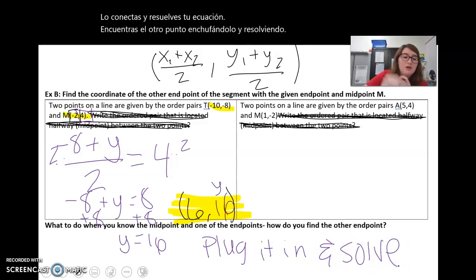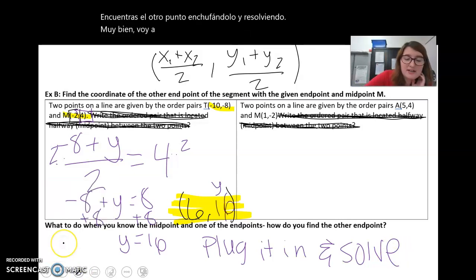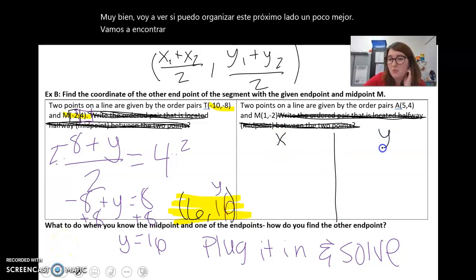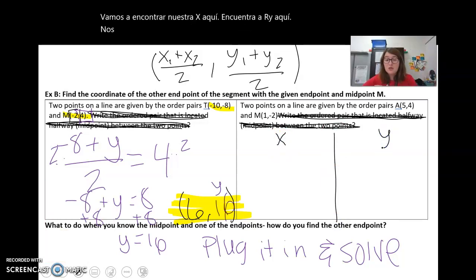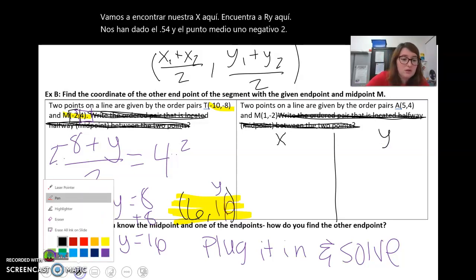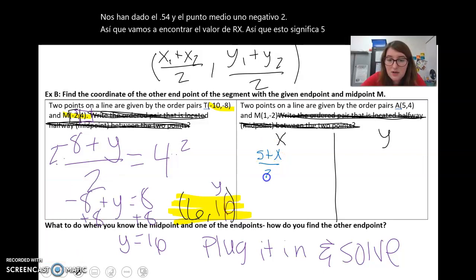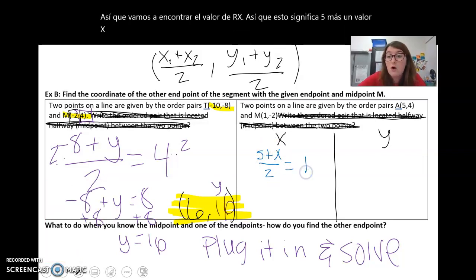All right, I'm going to see if I can organize this next side a little better. We're going to find our x over here, find our y over here. We've been given the point 5, 4, and the midpoint 1, -2. So let's find our x value. So this means 5 plus an x value, divided by 2, equals 1.